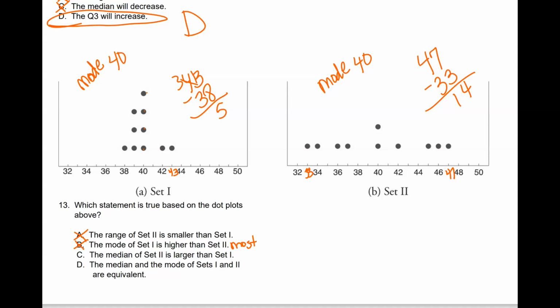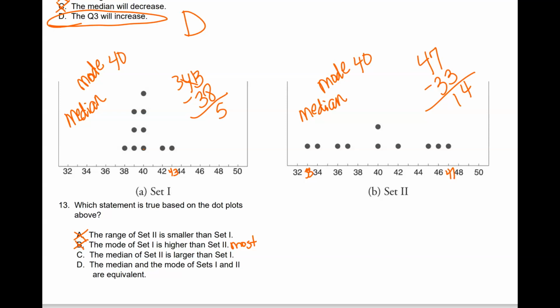C, the median of set 2 is larger than set 1. Okay, so the median, we have to find the middle number. Median means middle. So on this one, for the median, I'm going to just cross them out on the graphs themselves.